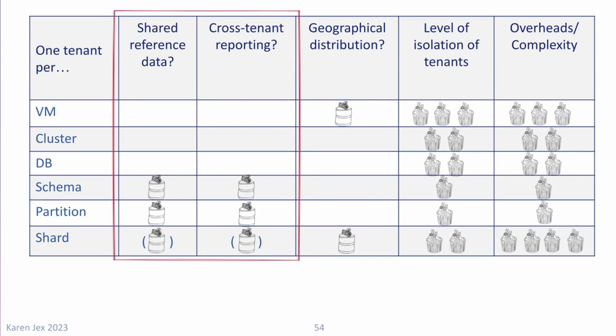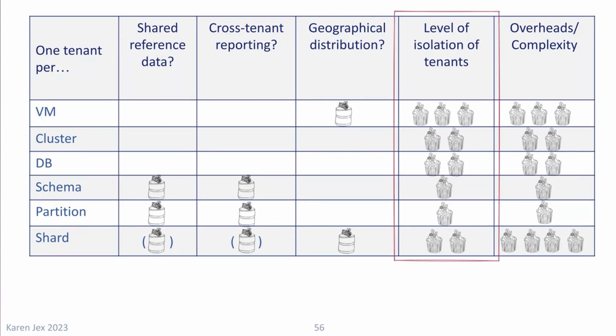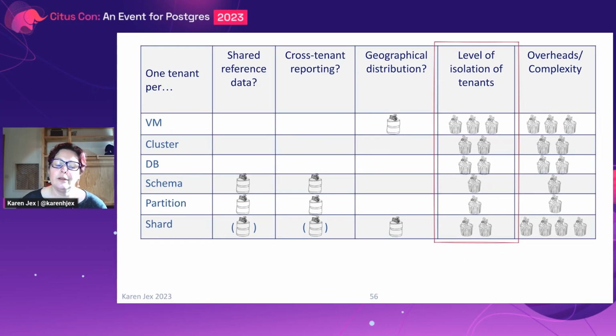If geographical distribution is important to you, then you're going to probably be looking at having one VM per tenant or potentially sharding. If you need a very high level of isolation for your tenants, then you're probably going to look at one VM per cluster. If you want to keep everything centrally managed, then you'll probably go with schema or partitioning.